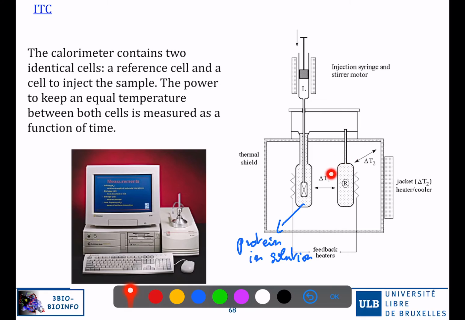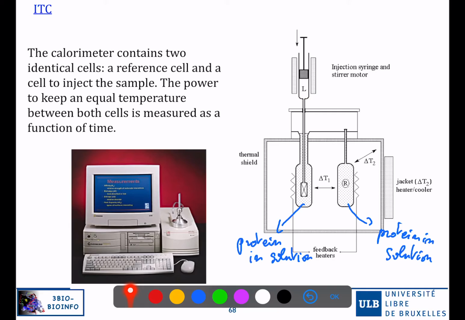Here you have the reference cell, and in this reference cell you have also the protein in solution. And what is important here is that the conditions in the two cells are exactly the same. So here the concentration of the protein, the pH, everything is exactly identical between this cell and the reference cell.